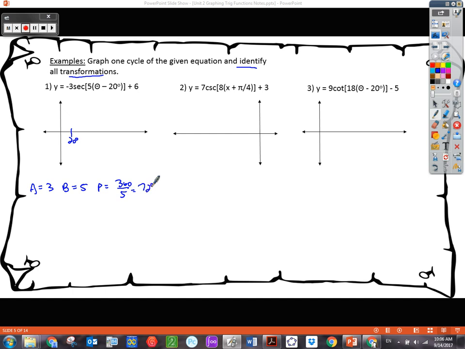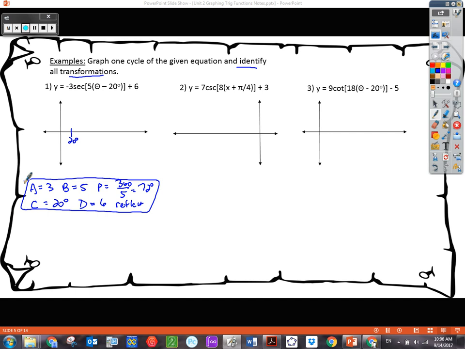Our C value, our shift, is a positive 20 degrees, and our D is 6. And then it is a reflection. That's really all they're asking us to do, just to jot those things down.